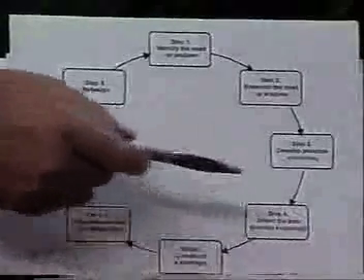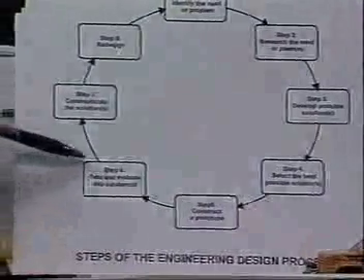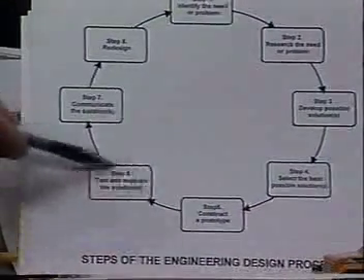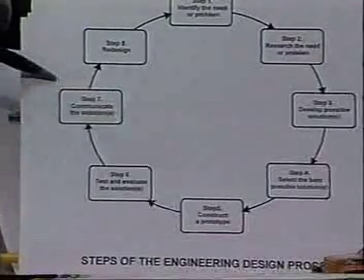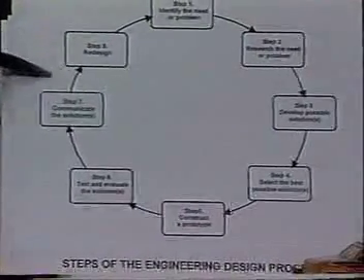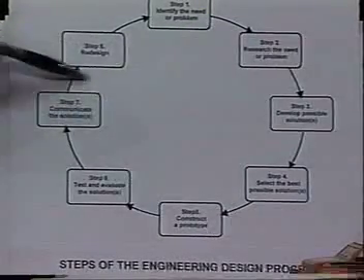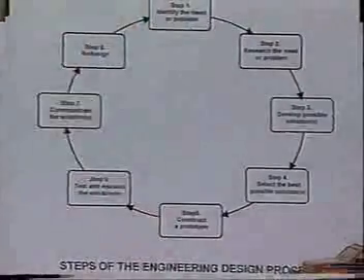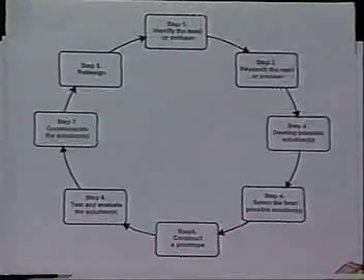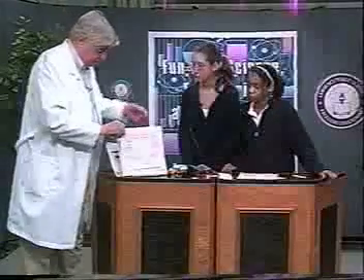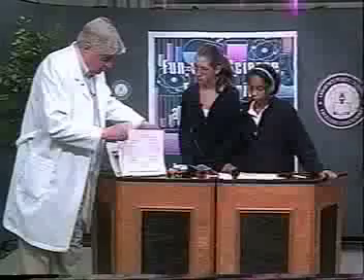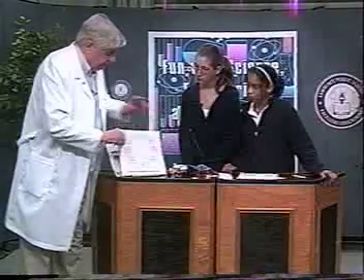We pick a good solution, we develop a prototype, and then we test that prototype. Then we communicate our solution to somebody, either our boss or the customer. And then we go back, and out of that we have some redesign. We go around and around, and this can last like 100 years or so, as it did with the Oldsmobile. So that's the design process.